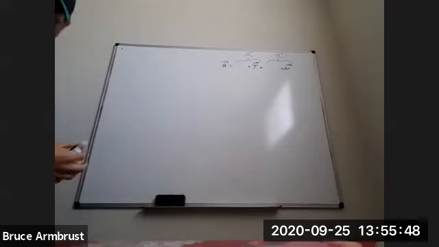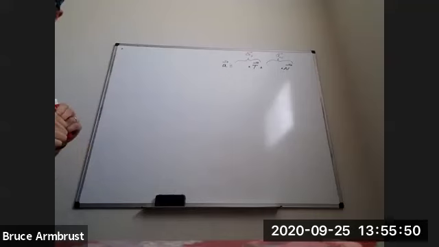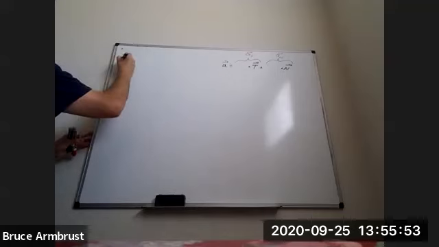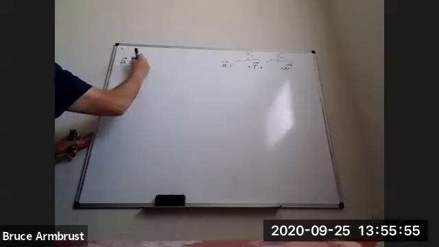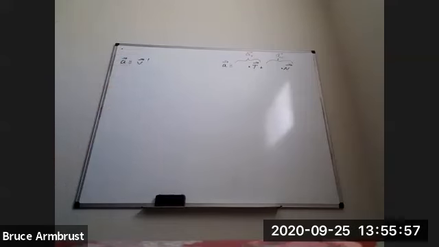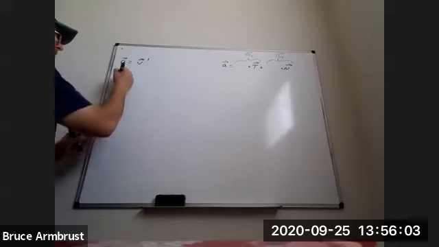Okay, so let's just start here. a is equal to v prime. But v, we know something about that. It's r prime.